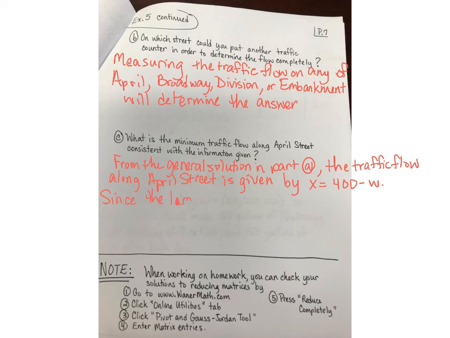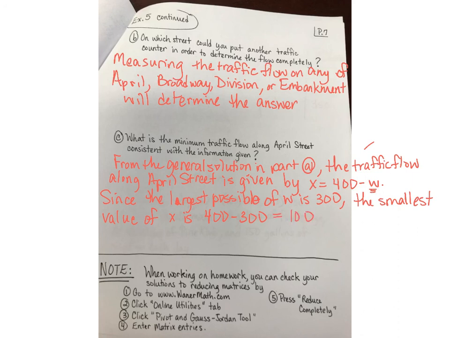Since the largest possible value of w is 300, the smallest value of x is 400 minus 300, so we're plugging in 300 for w there. So 400 minus 300 is equal to 100 vehicles per hour. Okay, and that's the solution there.